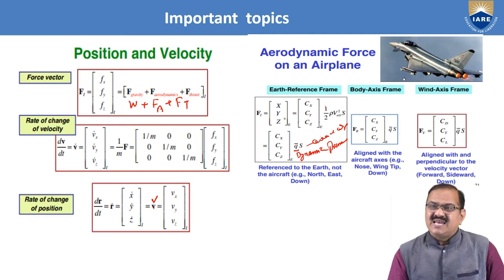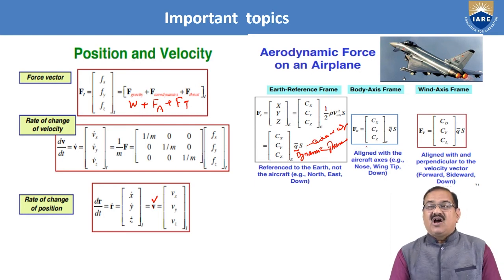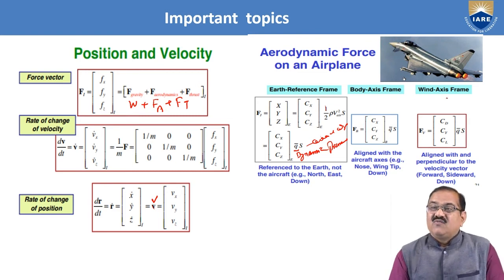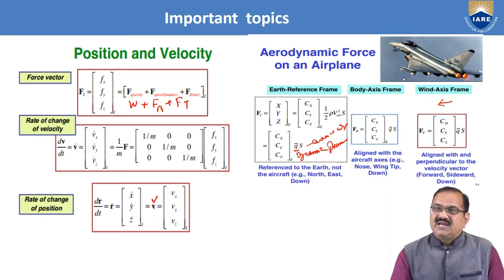Now the same thing in the body axis system: F_B is C_x, C_y and C_z in body, multiplied by q bar S, and q bar is the same, S is the same. Now if these forces we have to write in the wind axis system, wind axis system means what? The x of body and the velocity V infinity are in the same line.